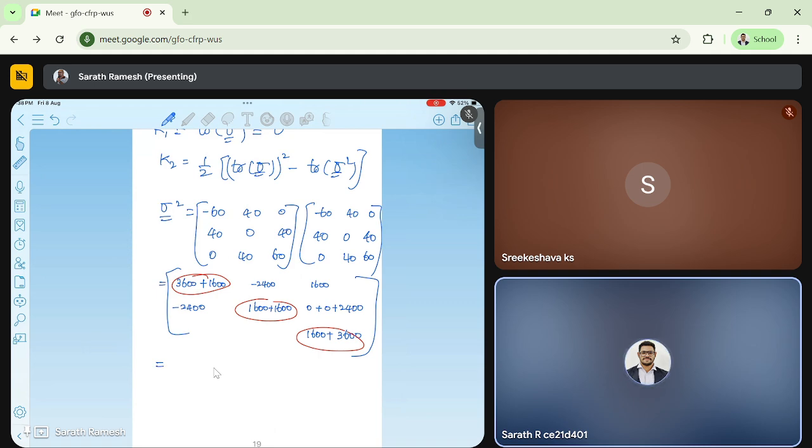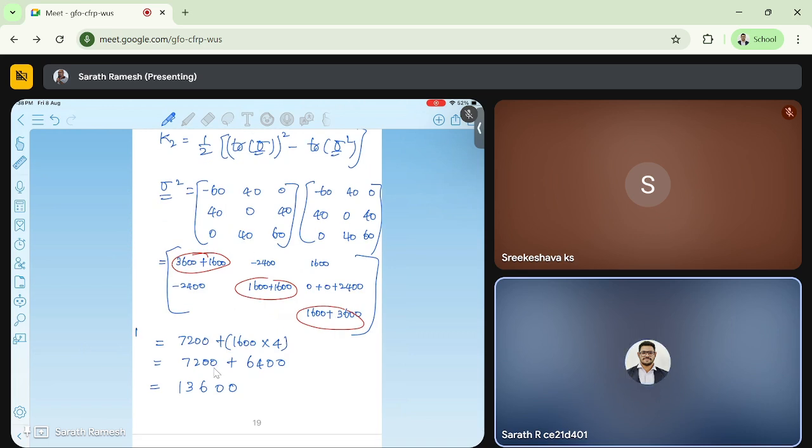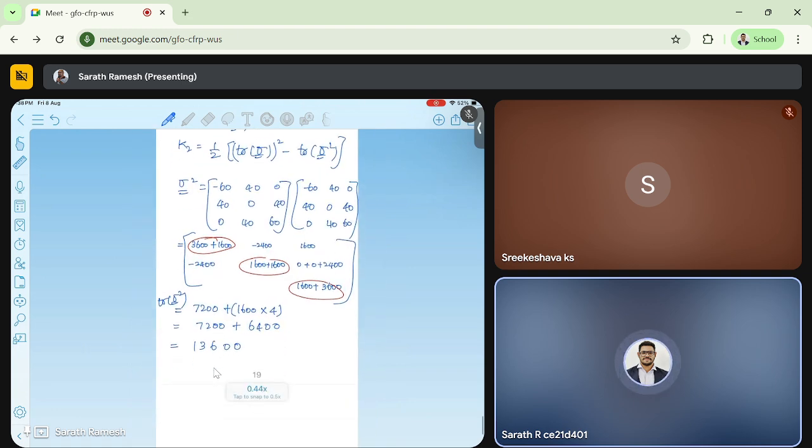Just add everything: 5200 plus 3200 plus 5200 gives 13,600. So this is the trace of sigma square.